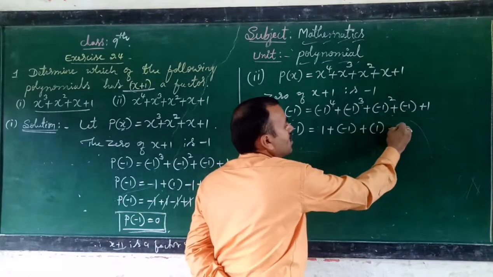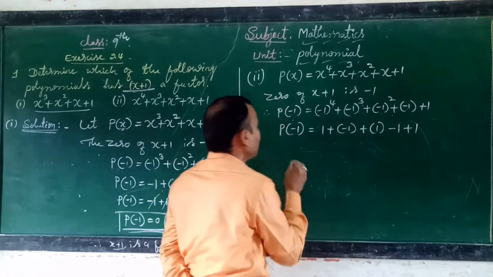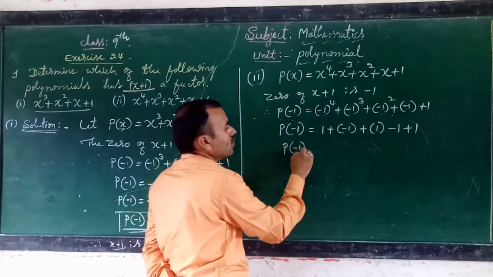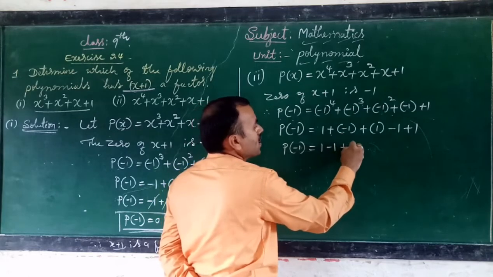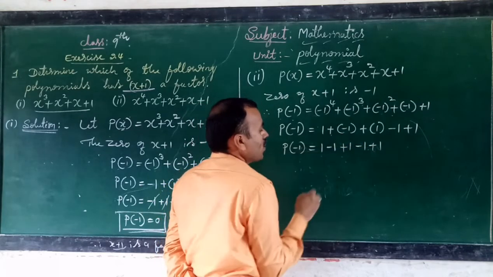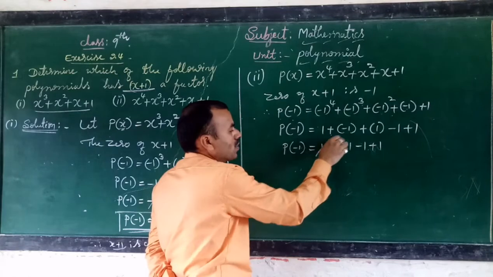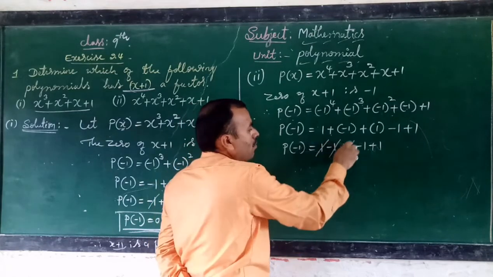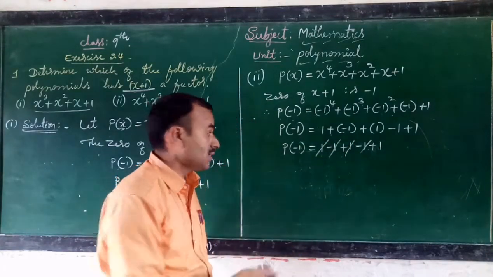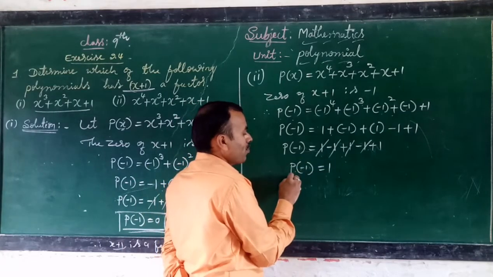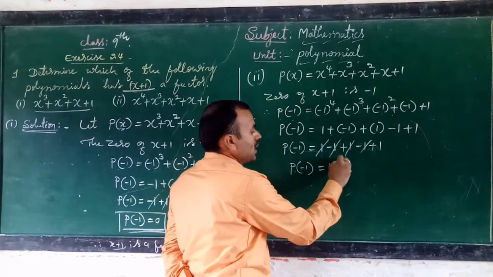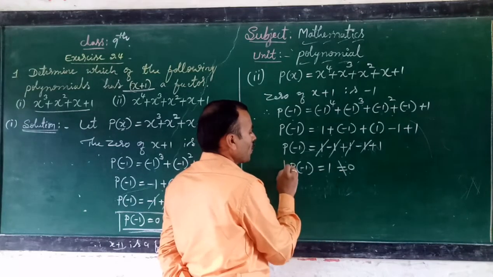Plus minus 1 plus 1. P of minus 1 equals 1 minus 1 plus 1 minus 1 plus 1. Here plus 1 minus 1 get cancelled, plus 1 minus 1 get cancelled. Here the remaining one is there. So here p of minus 1 is equal to 1, not equal to 0.